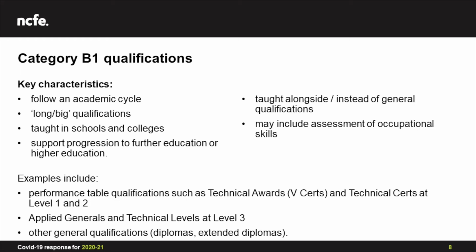Ofqual's expectation is that teacher assessed grades should be used to award qualifications that are primarily taught alongside or instead of GCSEs, AS and A levels, including vocational qualifications which are important for progression to further study or employment.